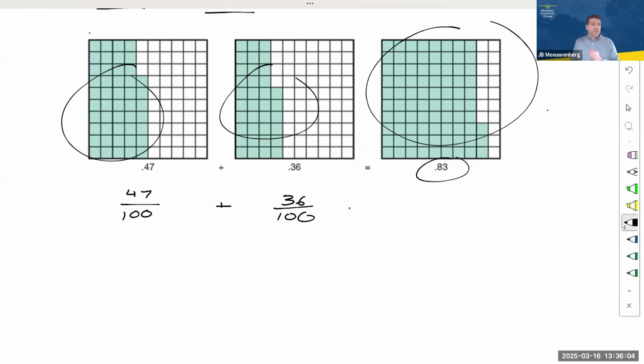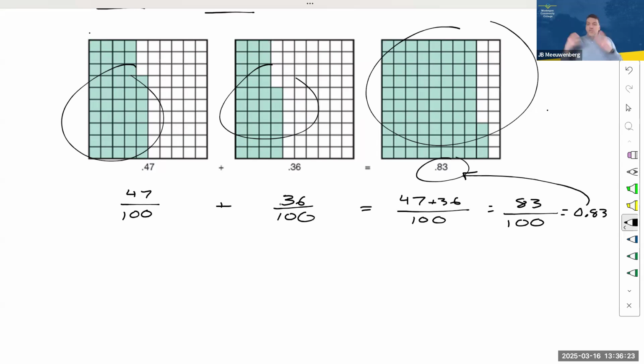And you know that when we add fractions, we add the numerators together, 47 plus 36, and we keep that common denominator. 47 plus 36 is 83 hundredths, which is, of course, equal to 0.83, right? Which is what we showed here. So this is showing that connection piece between fractions and decimals. You need to make sure that you are able to do that as well.